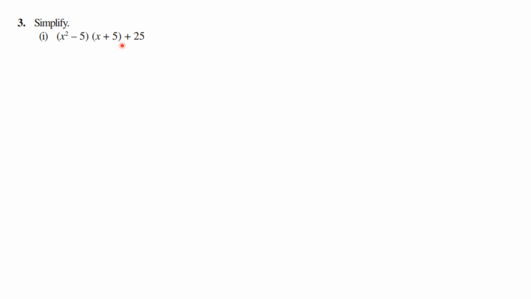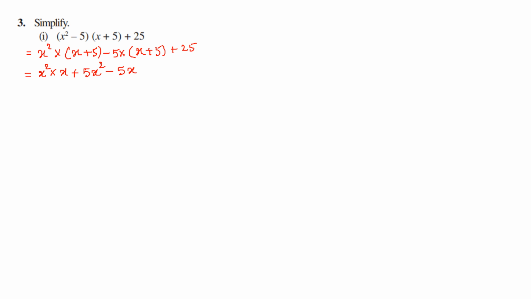So let's start first multiplying these two binomial. So first you have to multiply x square with x plus 5. Then minus 5 multiply with x plus 5 plus 25. Now x square multiply by x plus x square into 5 will give 5x square, minus 5 into x will give minus 5x.